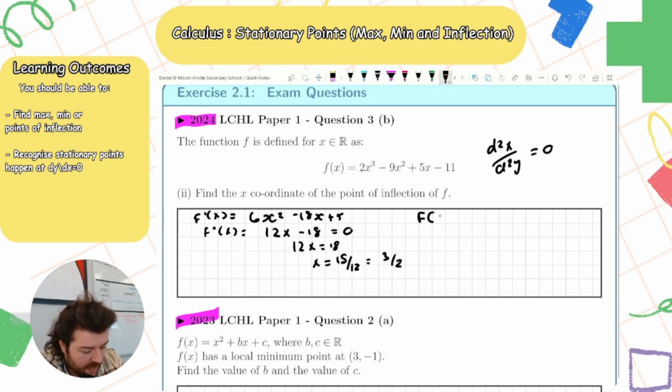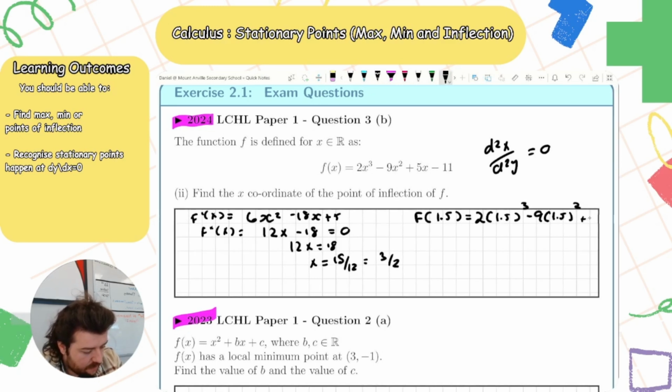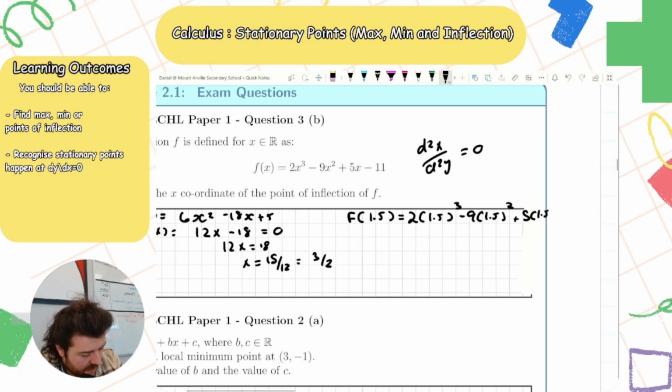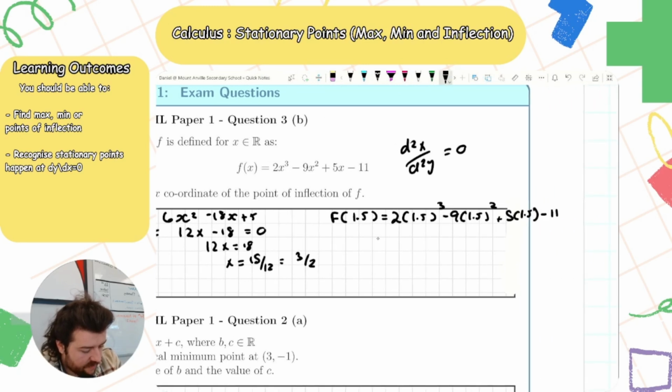Evaluate that now at 1.5, f of 1.5, so 2 times 1.5 cubed minus 9 times 1.5 squared plus 5 times 1.5 minus 11.